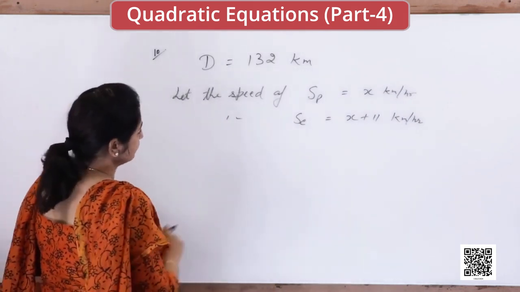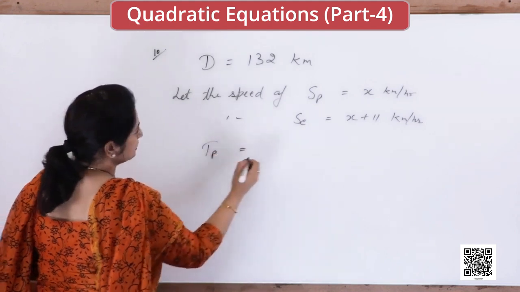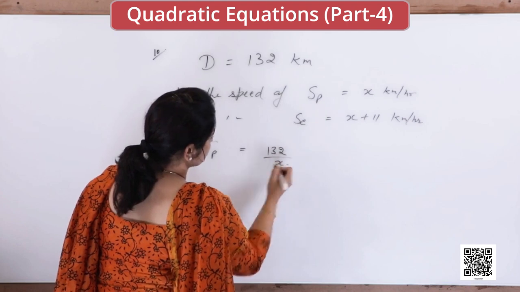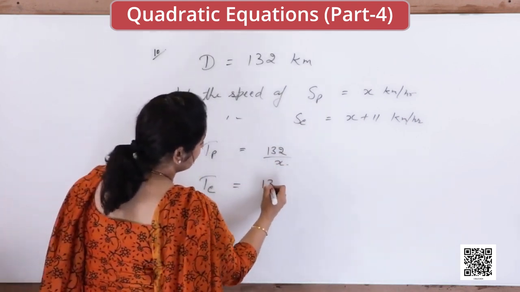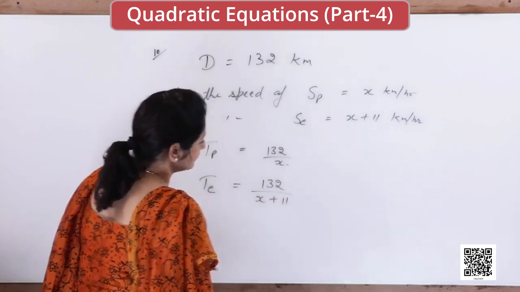So we can have the time taken. Time taken by the passenger train will be distance upon speed, that is 132 upon x. Similarly, time taken by the express train will be 132 upon x plus 11.